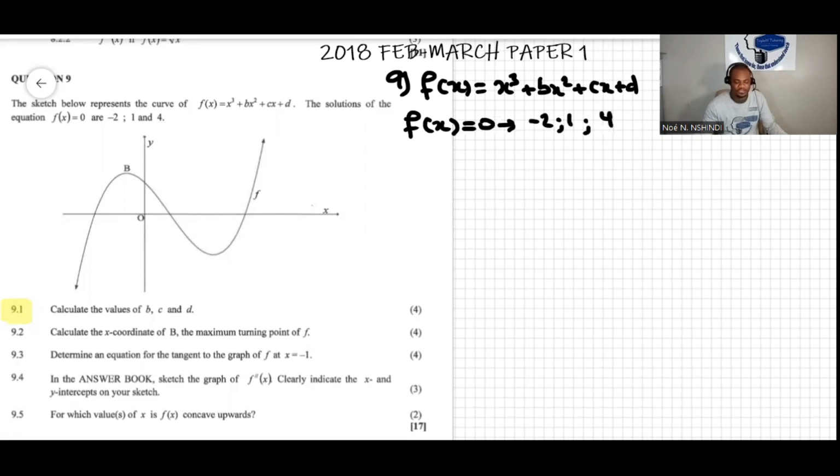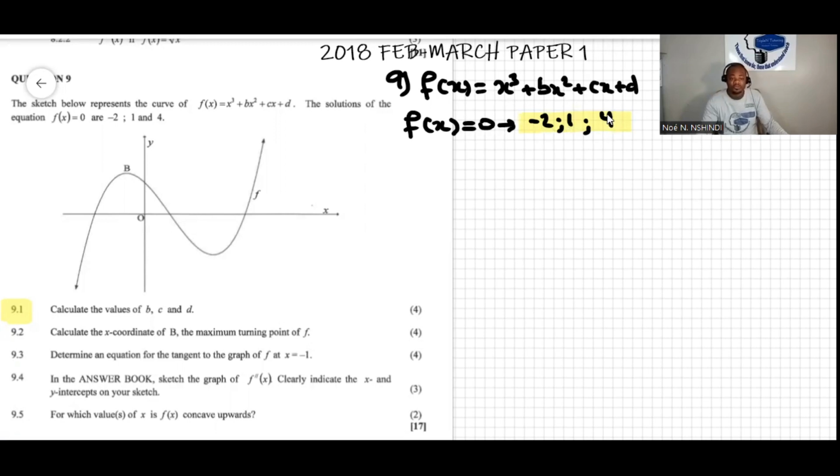First of all, let's talk about the meaning of the solution here. When they say the solution of a function, it means the root of the function. It means the x-intercept. So -2 is an x-intercept, 1 is an x-intercept, and 4 is an x-intercept also.